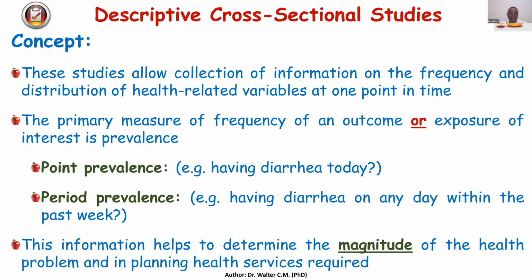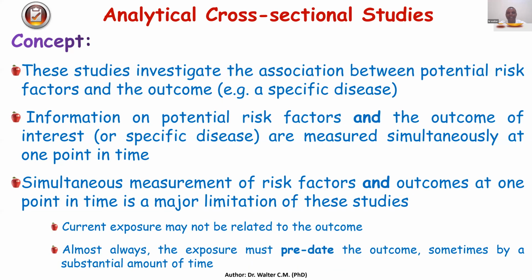And this is another characteristic of observational study, but also of cross-section study. It enables you to establish the magnitude of the problem under study. Yes, so in analytical study, as I said, you establish the magnitude, but also what contributed to that magnitude.